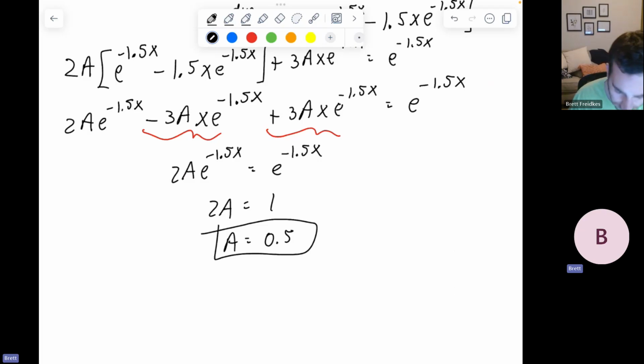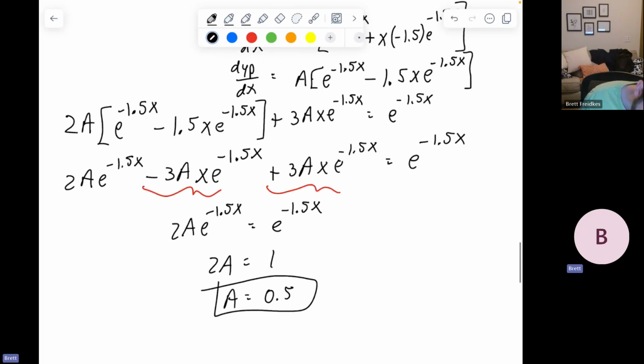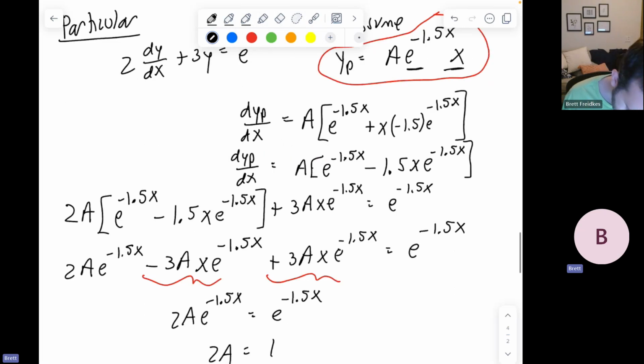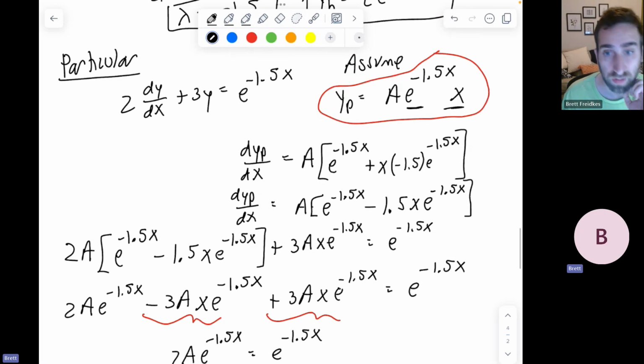Okay, cool. So that would mean that our particular solution, which was originally ax, would be 0.5x e to the negative 1.5x. That is our particular solution. We come back up, we see that that's what we had in red at the top. We're putting in the a now, which is a half.